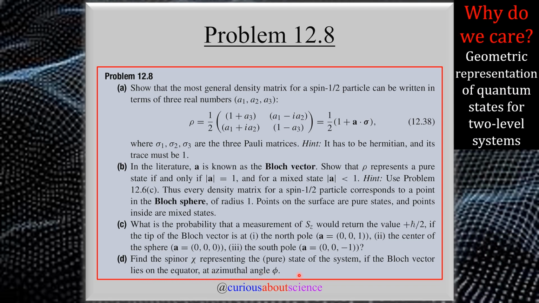Okay, so why do we care about all this? Well, the Bloch sphere is an important thing because it provides a geometric representation of quantum states for two-level systems, such as spin-1/2 particles. The visualization allows for intuitive understanding of pure and mixed states, as we see from Part B, easy representation of quantum superpositions, and simplified calculation of measurement probabilities.